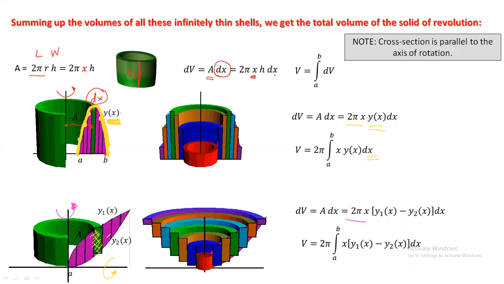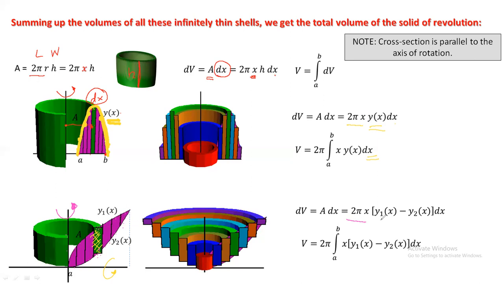But this one, the width of the rectangle, comparable to this h here of the pipe, is actually the difference: from here to here is y1, from here to here is y2. So if you take the difference of y1 and y2, that would be the width of this rectangle.